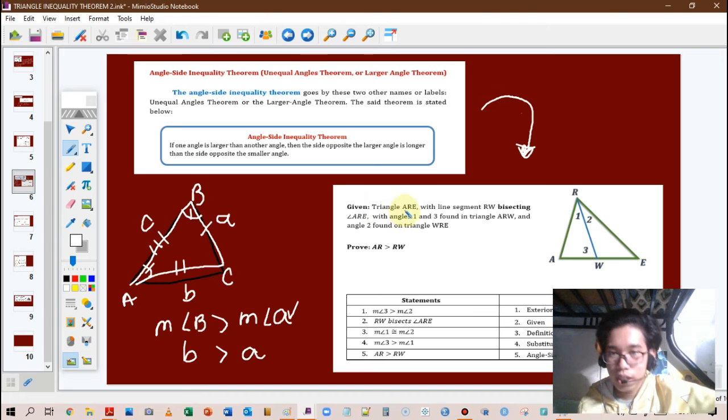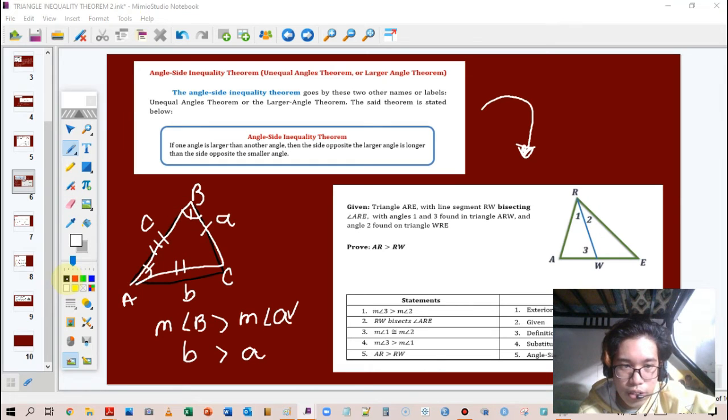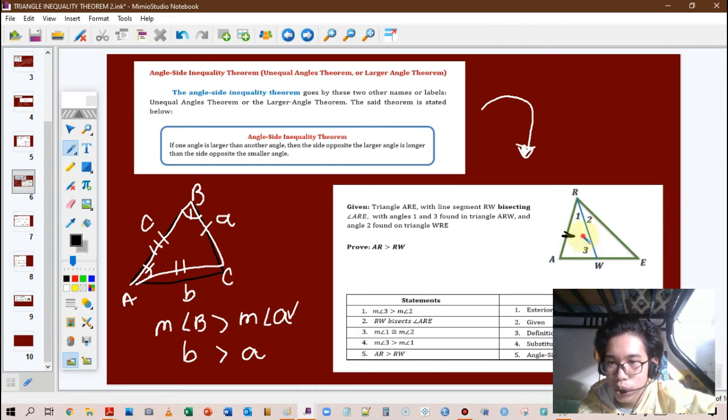So we have here triangle ARE with line segment RW bisecting angle ARE, with angles 1 and 3 found in triangle ARW and angle 2 found in triangle WRE. For this problem, we want to prove that side AR is greater than RW.